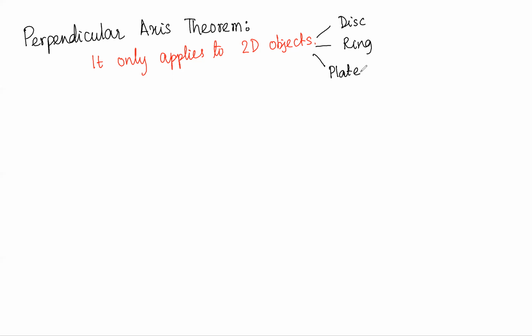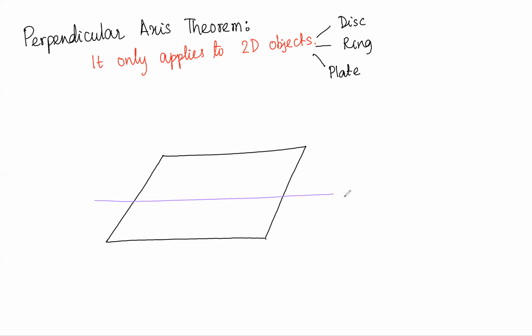So what is the theorem? The theorem states that if you take a rectangular object, or any object which is two-dimensional, the important thing is it has length and breadth. Then you find out the moment of inertia about one axis, let us say this is Ix.